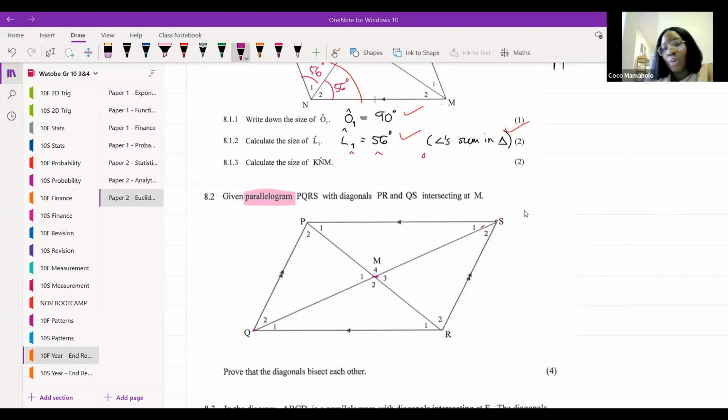Or we must also prove that PM is equal to MR. We must prove one of those things, because if this thing is equal to that one, and that one is equal to that one, that shows us that the diagonals bisect. Give me a thumbs up if what Ma'am is saying makes sense. Are you guys with me here? If we want to prove that the diagonals bisect, we must prove that where they've cut each other, they've done it exactly in half. Okay, beautiful.